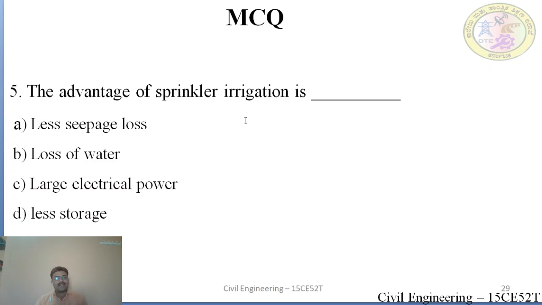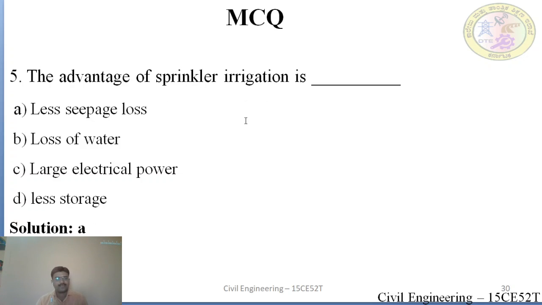Next, the advantage of sprinkler irrigation. The options are less seepage loss, loss of water, large electrical power, less storage. It's less seepage loss, option A.